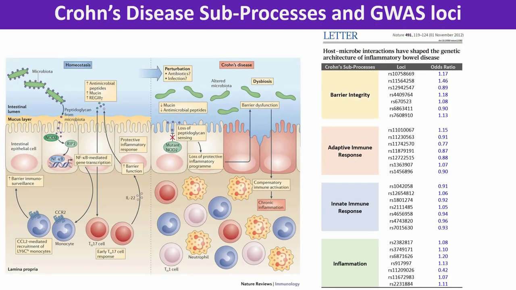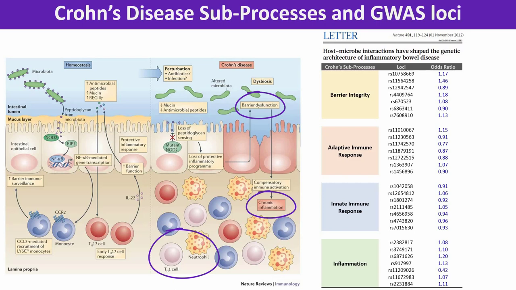Crohn's disease is a type of inflammatory bowel disease that may affect parts of the gastrointestinal tract from mouth to anus. As shown in the figure on the left, there are many sub-processes such as barrier integrity of intestinal epithelial cells, inflammation, and activation of the innate and adaptive immune response involved in the manifestation of the disease.